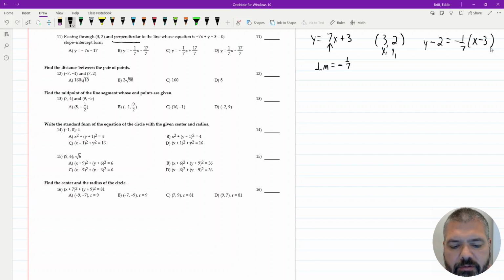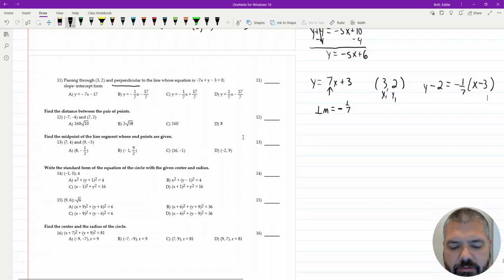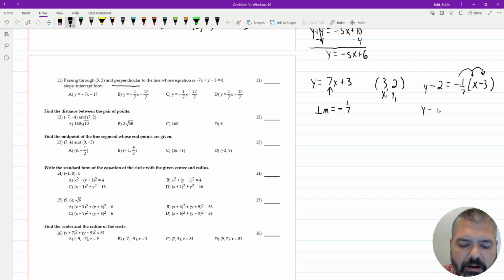I know some students get a little worried when they see fractions, but we're going to multiply this negative 1/7 times the x and the negative 1/7 times the negative 3. So I'm going to have y minus 2 equals negative 1/7 x, and then negative 1/7 times negative 3. That's going to give me a positive 3/7.